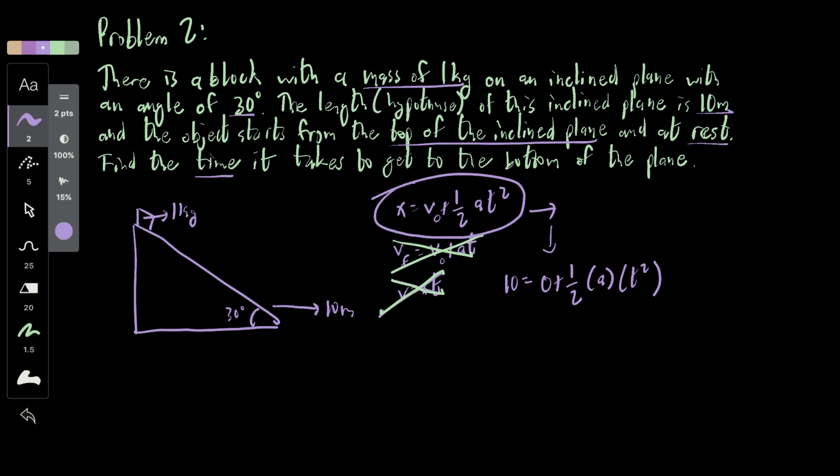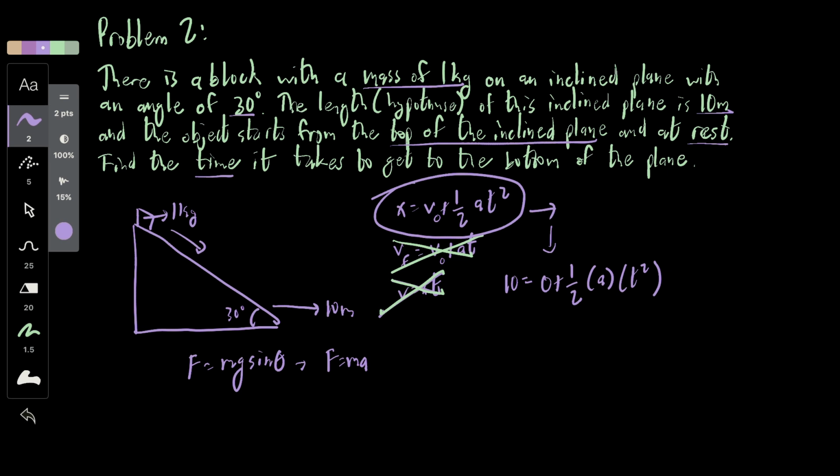Now, let's find out this acceleration. Our acceleration is the acceleration that is parallel to this incline, down the ramp. Now, we know from earlier that our force is equal to mg sine theta, but our acceleration is equal to force divided by mass because of Newton's second law, which I already said earlier that we are going to be using, along with Newton's laws and other stuff, in this.